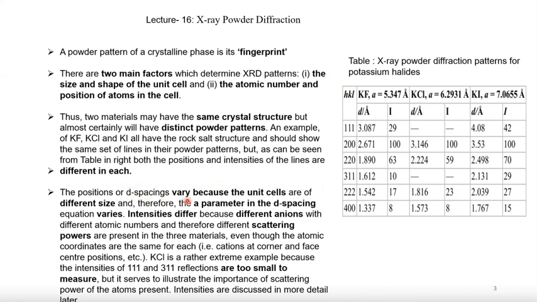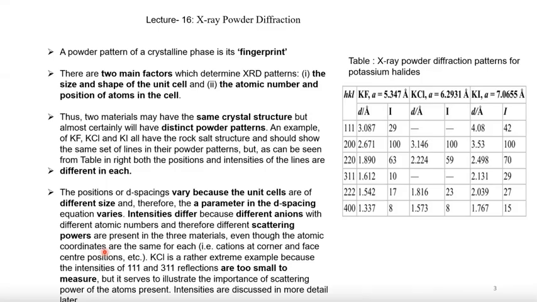The position and d-spacing vary because of the unit cell. Why do they vary? Because of the unit cell. Unit cell variation also varies the position and d-spacing, and the cells are of different size. Therefore, the a parameter in the d-spacing equation varies. Intensity differs because of the different atomic numbers and atomic scattering powers of the three materials, even though the atomic coordinates are the same for each.